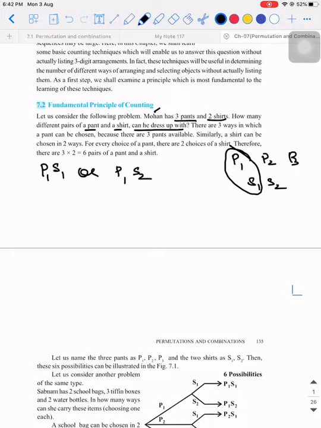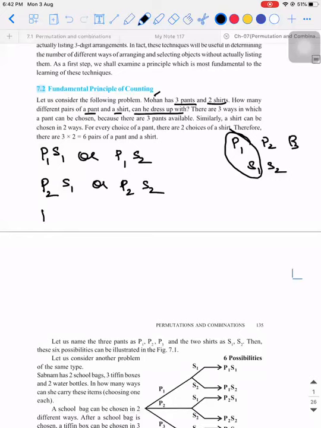Are you guys able to understand? So this is possible. Or he can wear pant 2 and shirt 1, or he can wear pant 2 and shirt 2. Or he can wear pant 3 and shirt 1, or he can wear pant 3 and shirt 2.